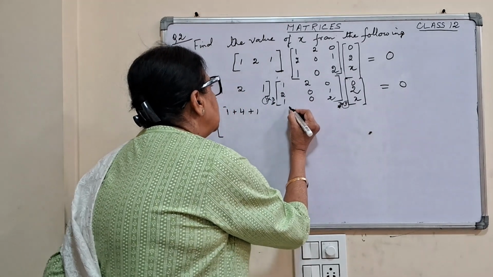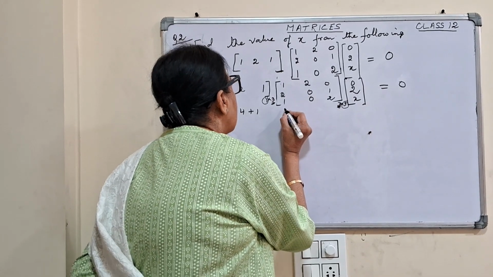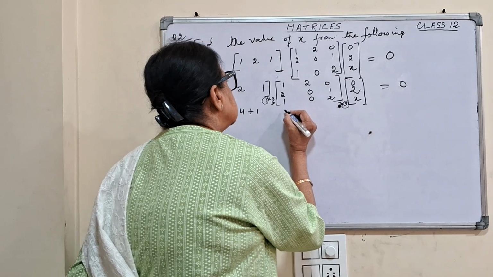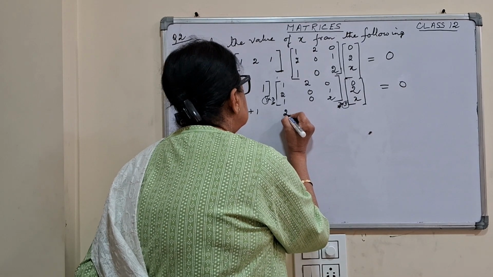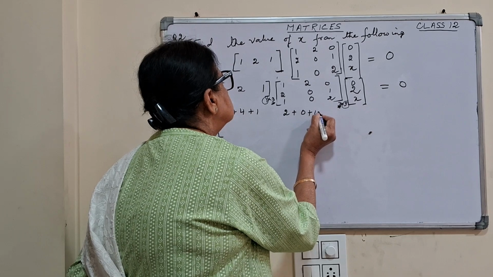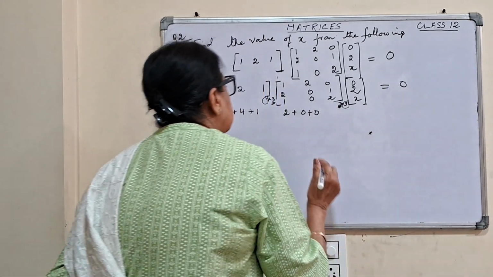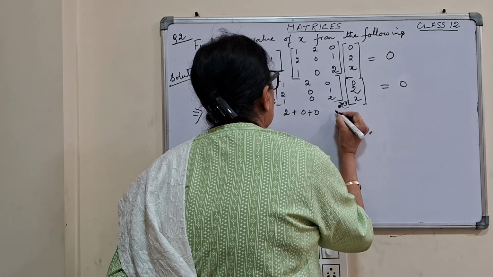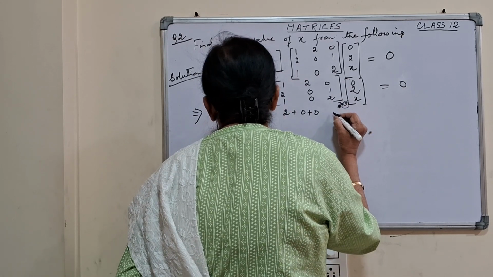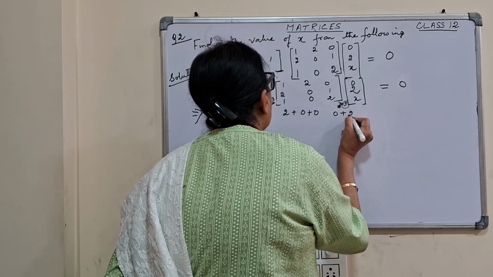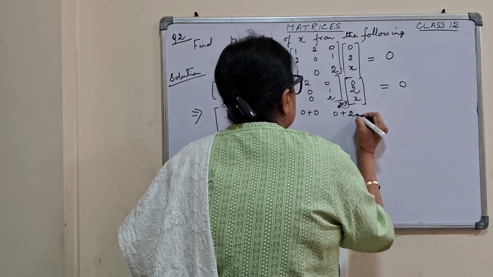Then first row, second column, that is 2 plus 0 plus 0. Then third column, that is 0 plus 2 plus 2.